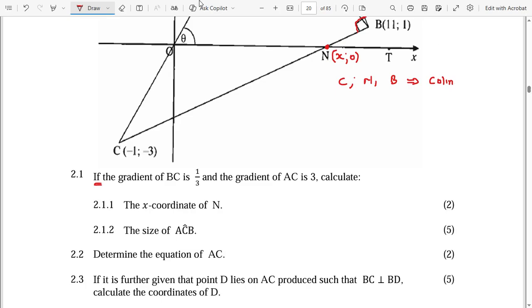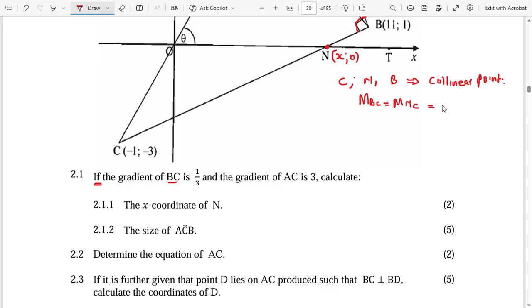So we know that collinear points are the points that are on the same line. So these are collinear points. So collinear points have equal gradients. So if I'm given BC as 1 over 3, this tells me that the gradient of BC is equal to the gradient of NC, right?